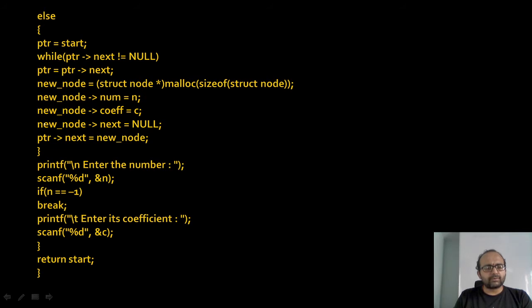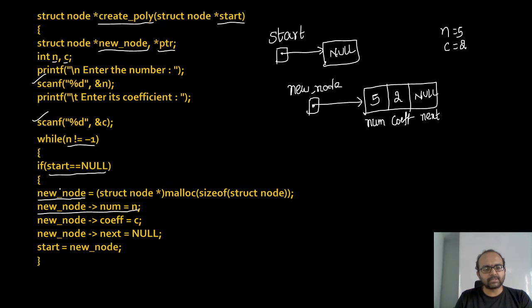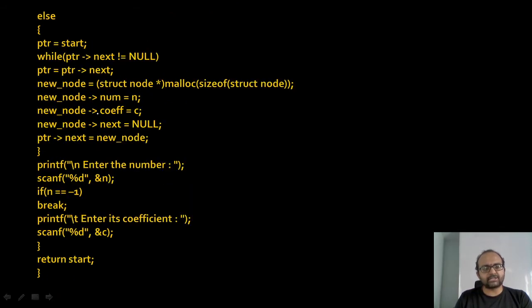Else, this else block represents start is not pointing to null. Start double equal to null is the if condition. If this condition is evaluated to false, then it will enter into the else block. Inside the else block, start pointer is not actually pointing to null, which means there is already a node.